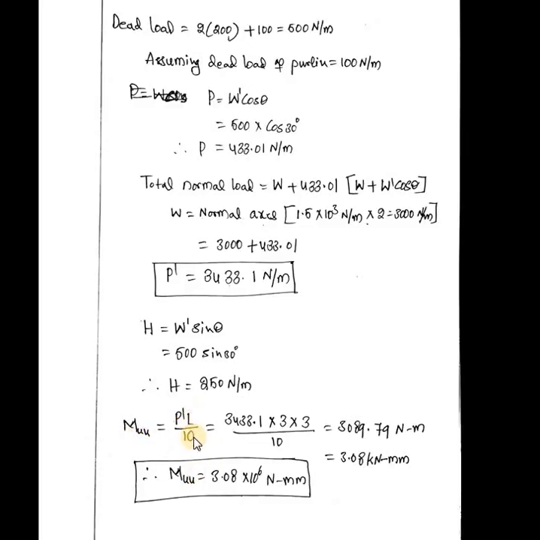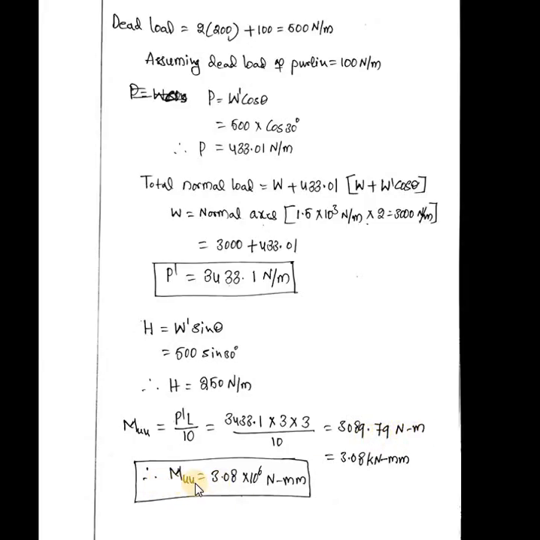Coming to MUU, P dash L by 10, where P dash is 3433.1 Newton per meter. So this P dash value is a point load. For that reason, here WL square by 8 consideration, 3433.1 into 3 into 3 by 10, the total value is 3089.79 Newton meter.